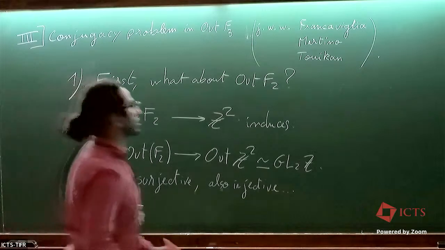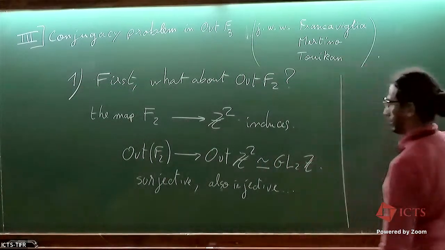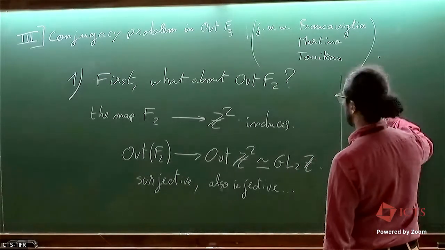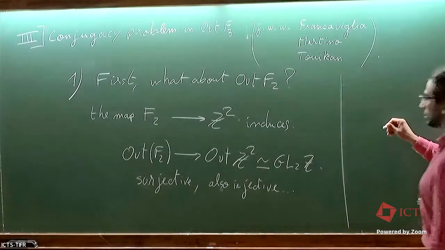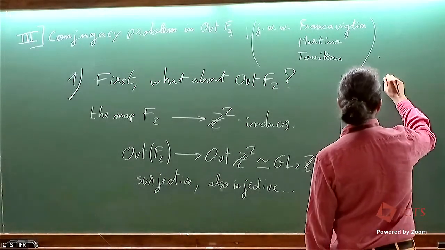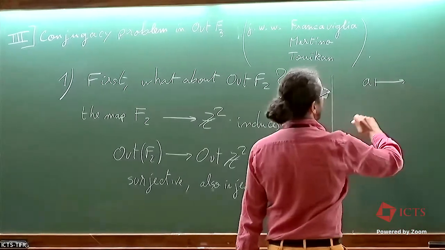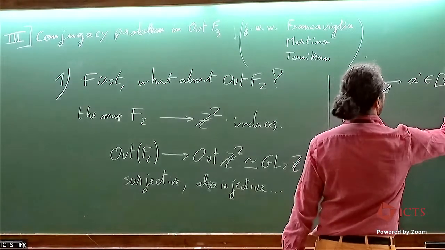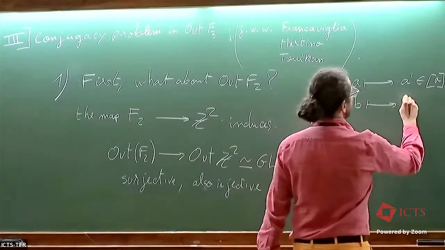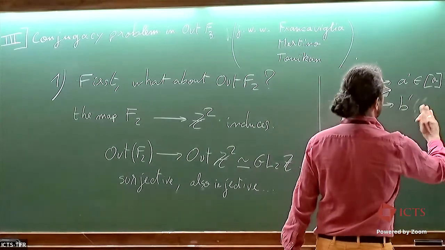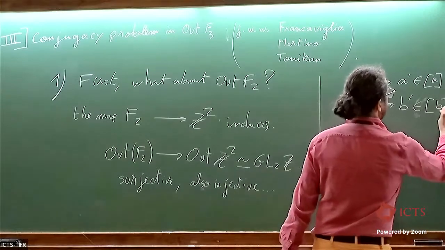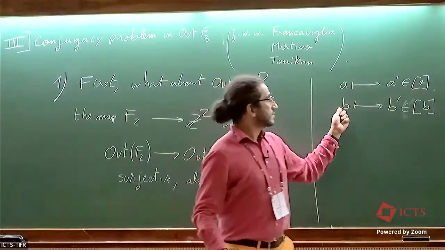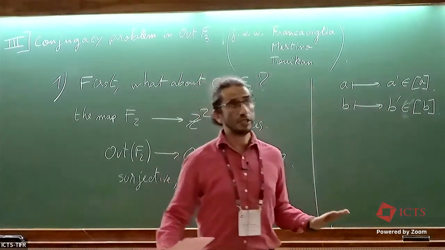Why is that? Just very briefly, if I am in the kernel of this map, it means that I have to deal with an automorphism that sends A to an element that is conjugate to A, B to an element that is conjugate to B. So after a first conjugation, I can assume that it sends A to A, and then it sends B to an element conjugate to B still.